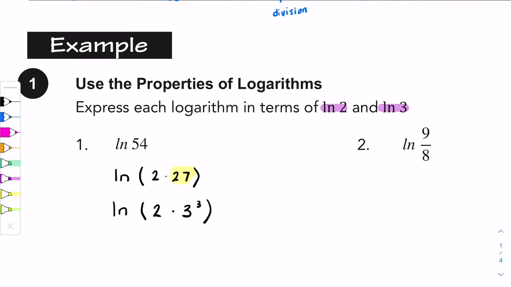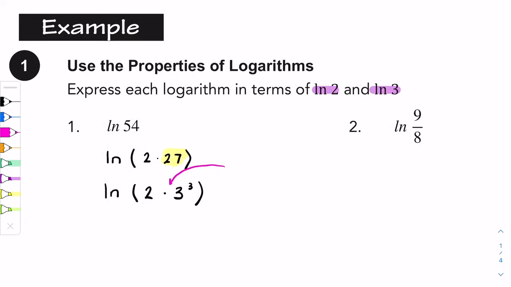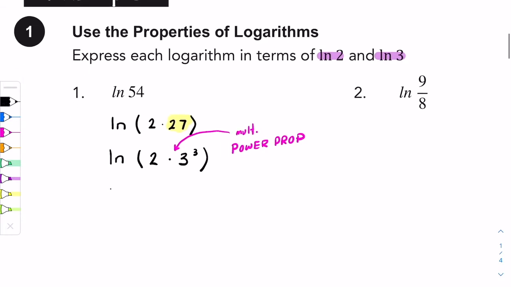At this point, I recognize that I have an argument that's multiplied together. So if you're multiplying the argument, then you can use the product property. And the product property indicates that you can separate or expand your logarithm using addition. So I'm going to write this as ln2 plus ln of 3 cubed.